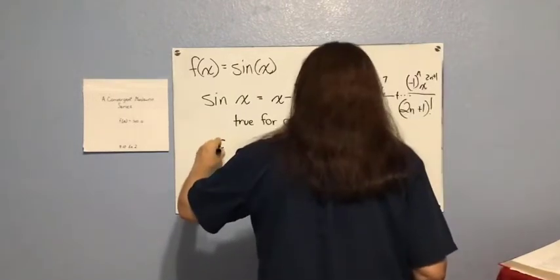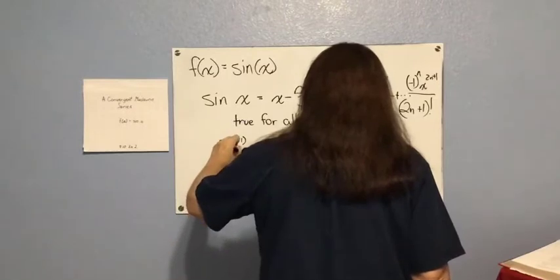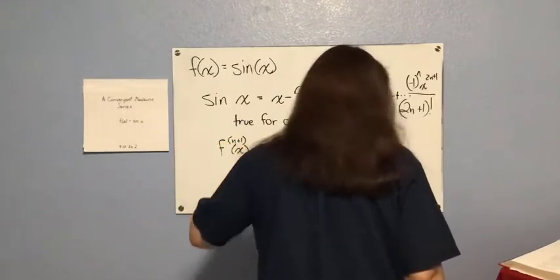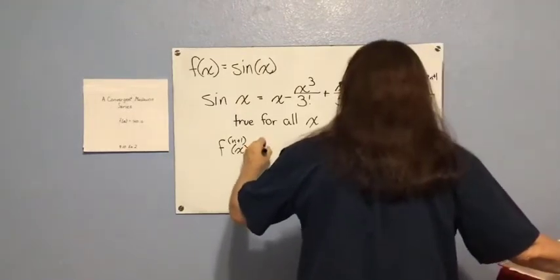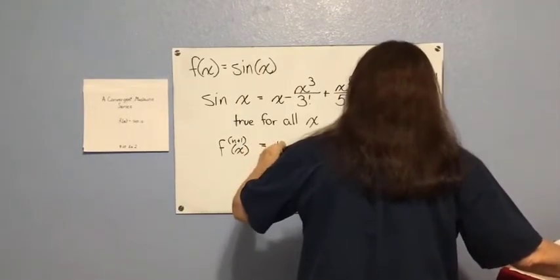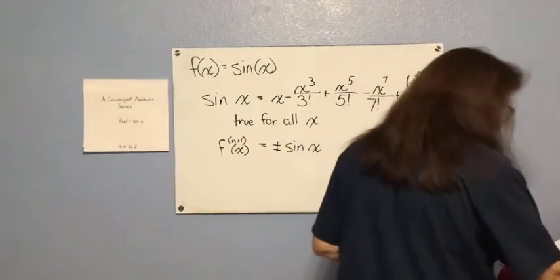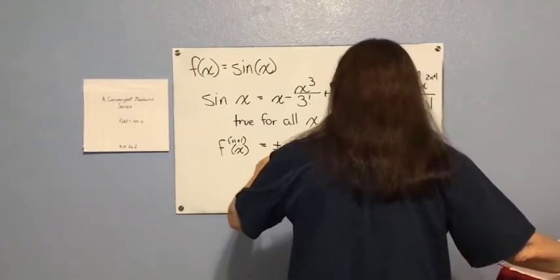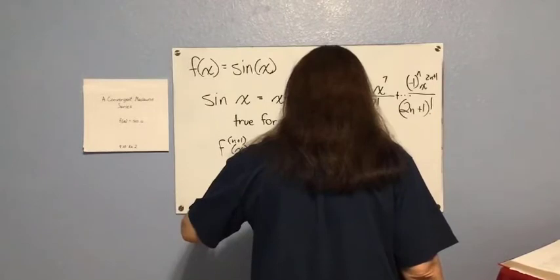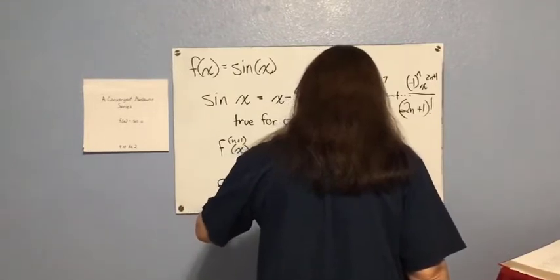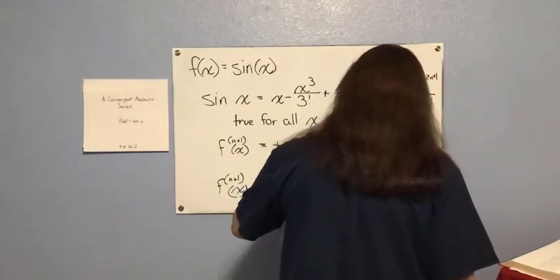So we want to say f to the n plus 1 of x is equal to positive or negative sine x, or we could say that f to the n plus 1 of x is equal to positive or negative cosine x.